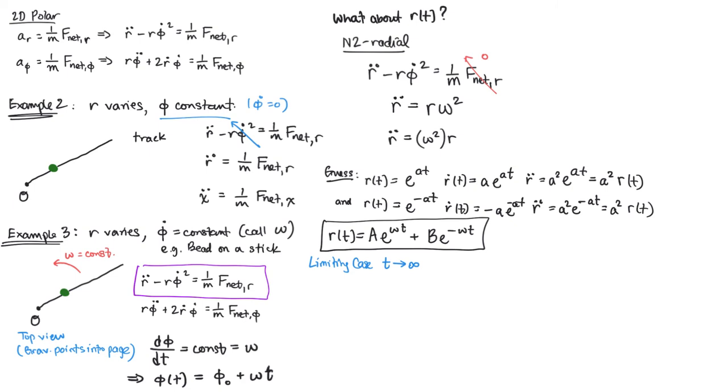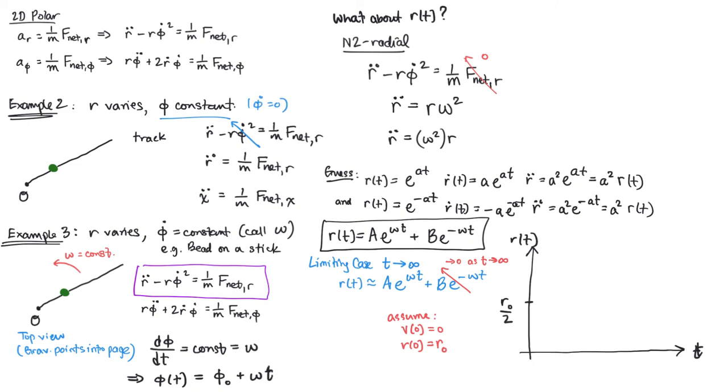So in the limiting case as t goes to infinity, we're going to find that r of t is only the first piece, because b e to the minus omega t goes to 0 as t goes to infinity.